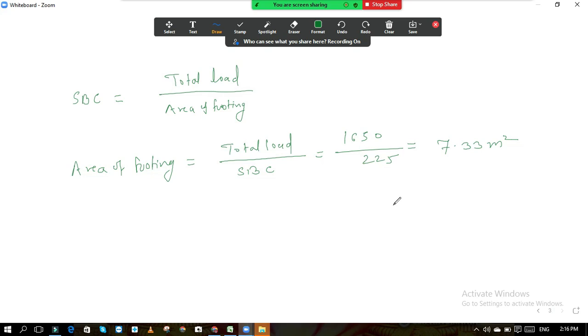So now this is the total area of the footing, but we need to design the square footing. In the numerical they told us to design the square footing. For the square footing, you know that all sides are the same. This is the property of the square. So one side we can calculate.